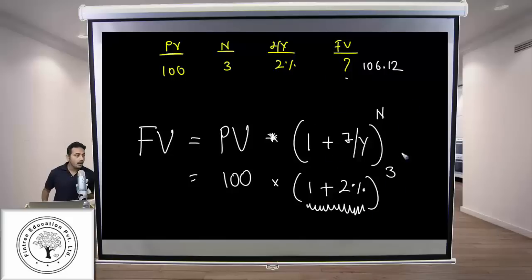So we have to have a power of 3. So use the y raised to x button. Do you see y raised to x? So press y raised to x, then press 3 and then say equal to, 1.0612. Now multiply that with 100 and you would get 106.12.